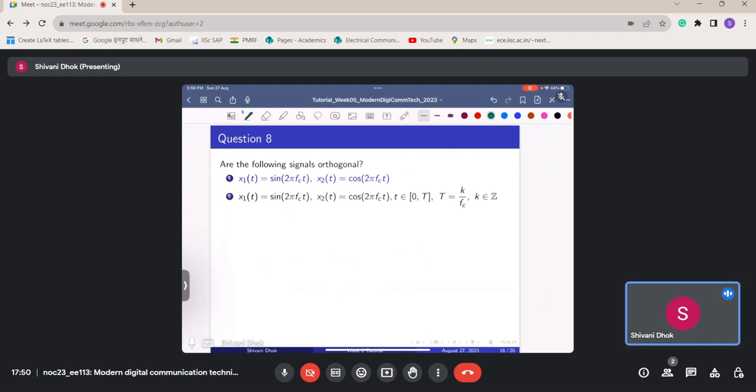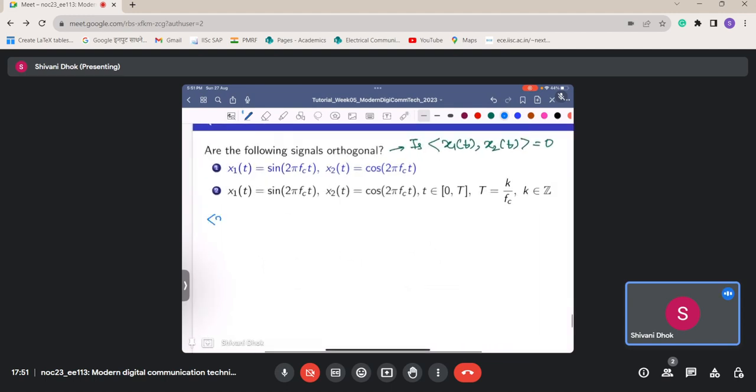So what we need to check is whether the inner product of x1(t) and x2(t) is equal to 0. Okay, so let's start with the first one. Let us look at x1(t) into x2(t), which is simply the integration from minus infinity to infinity of x1(t) x2(t) dt.